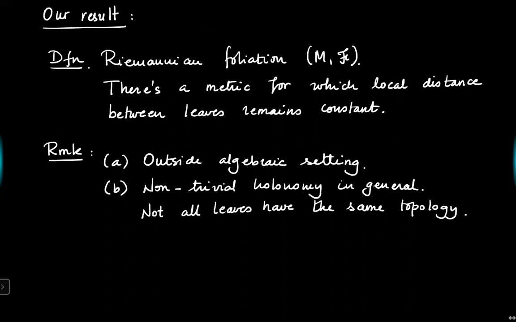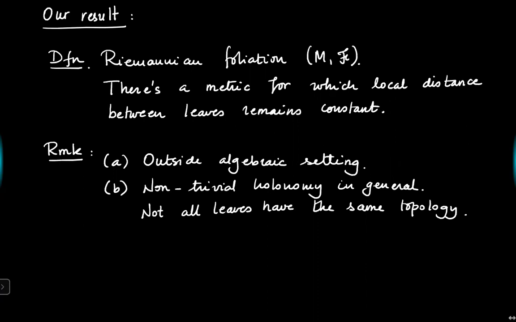And here the transverse structure is a structure of a Riemannian manifold where a metric is preserved. So that's not the definition, but sort of. This will be precise later. A precise definition would be that there's a metric for which the local distance between leaves is preserved. So the holonomy preserves distance.